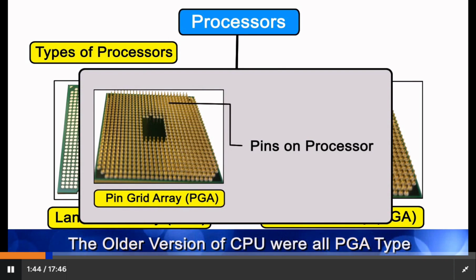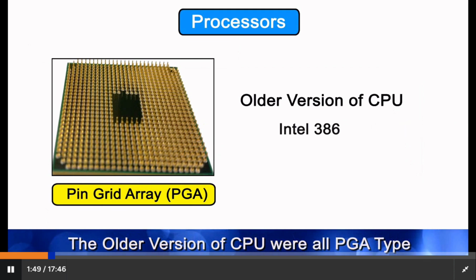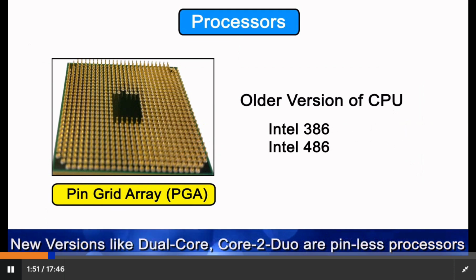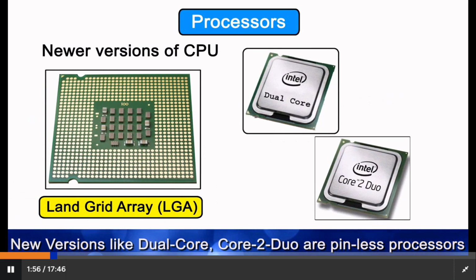The older version of CPU were all PGA type. Newer versions like dual core, Core 2 Duo are pinless processors.